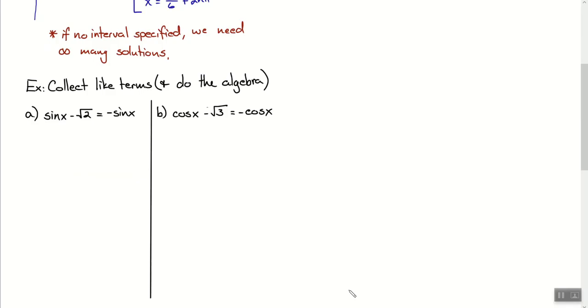You do not have to write this, but just solve it like it's regular and deal with the sine and cosine as needed. I want you to get example A written down in your notes, and we don't need somebody to pause it here necessarily, but I want to work example A, not with you because you're not here. I'm going to work example A and talk through it, and then I want you to try example B.